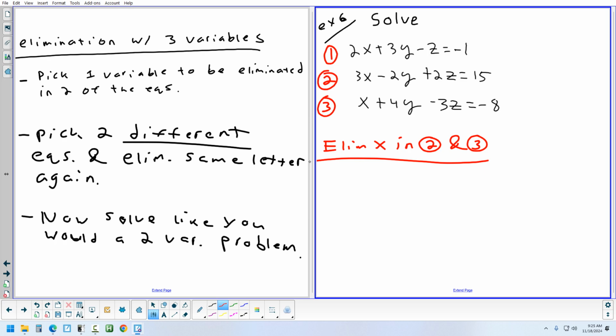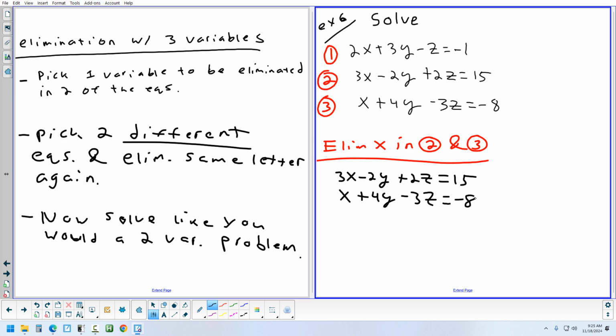So there is a lot of copying. What I tend to do is just copy it down again, so I kind of have it where I'm working. So we've got 3x minus 2y plus 2z equals 15. And if you notice me copy something wrong, let me know, because that's not good.